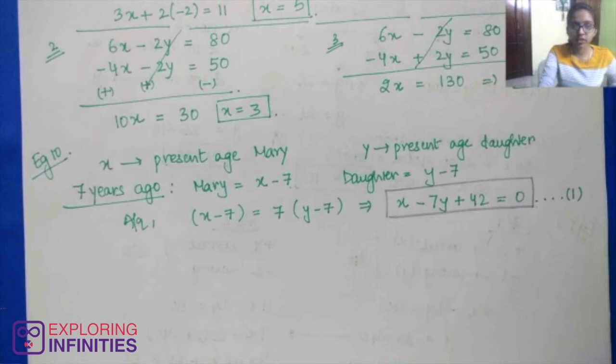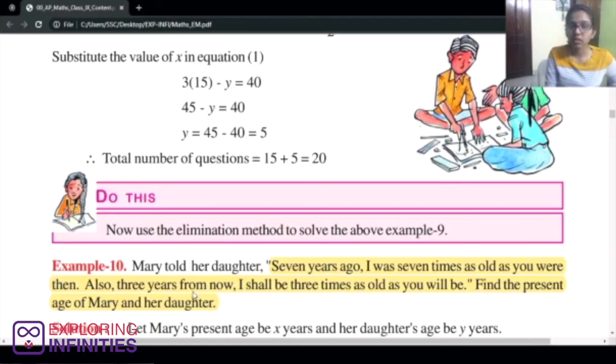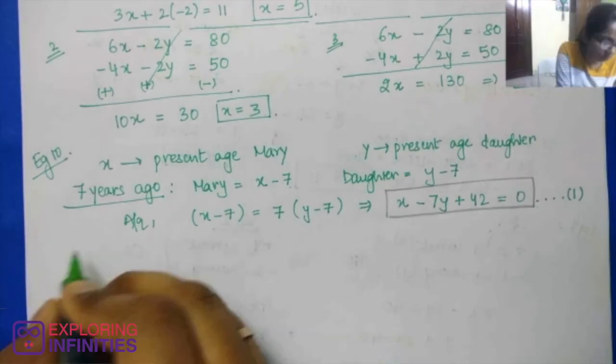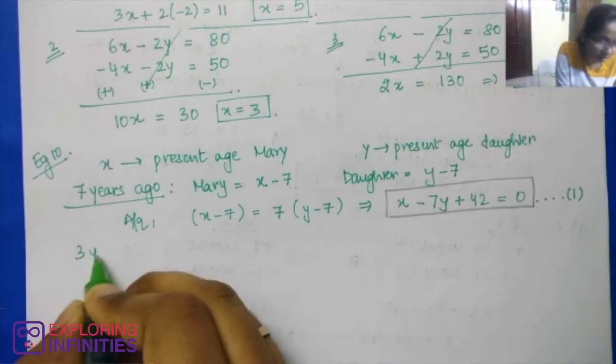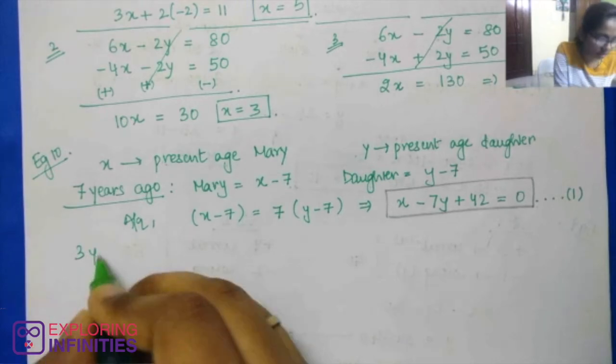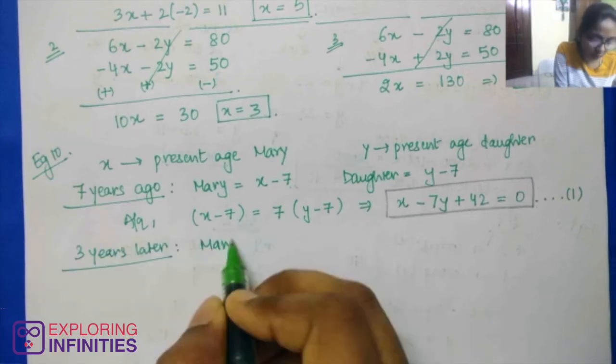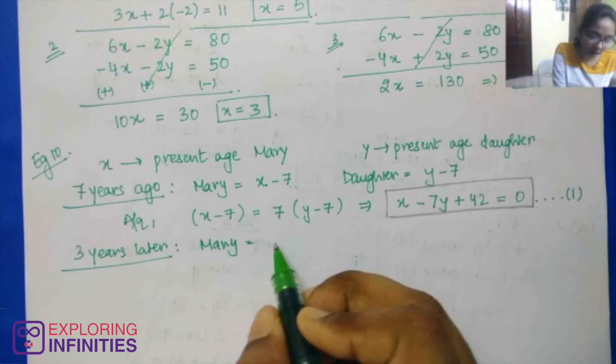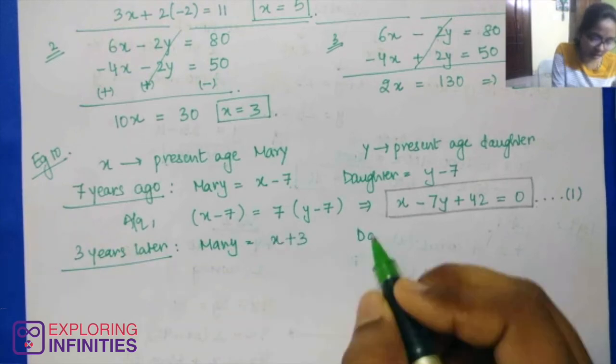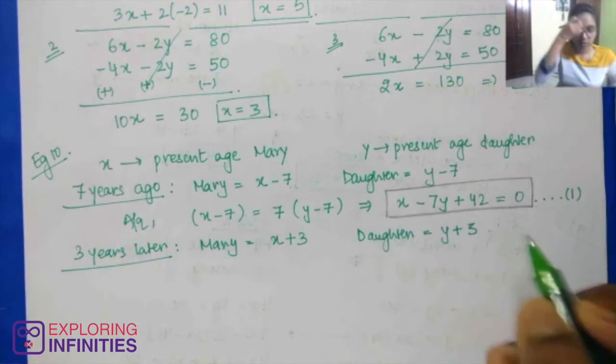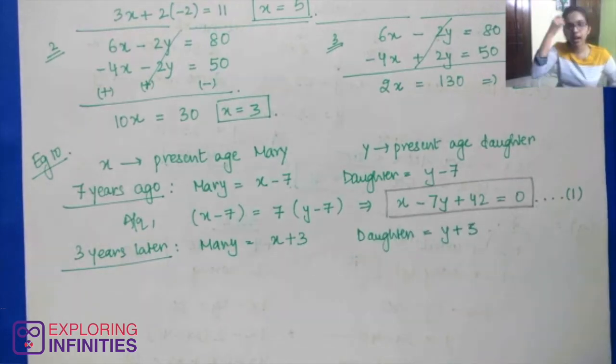Again the question says 3 years from now. The first step you'll do is write that it's talking about 3 years from now. Okay, so it's 3 years later. 3 years later, what will be Mary's age? Whatever her age is right now, plus 3, and the daughter's age will be y plus 3. So we have the ages of both Mary and her daughter 3 years later.